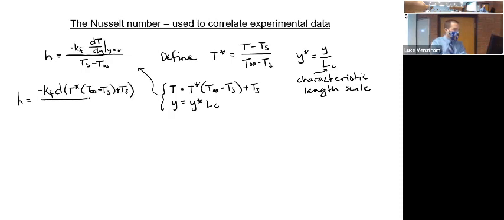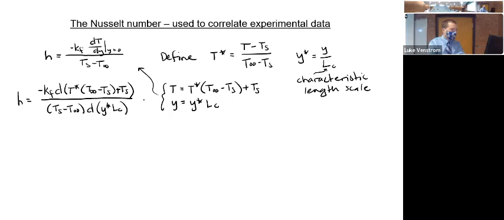In the denominator I have Ts minus T infinity, and the dy term, which is now d of y star times L_c. That derivative is at y equals 0, where y star equals 0. Y star equals 0 still represents the fluid-solid interface.